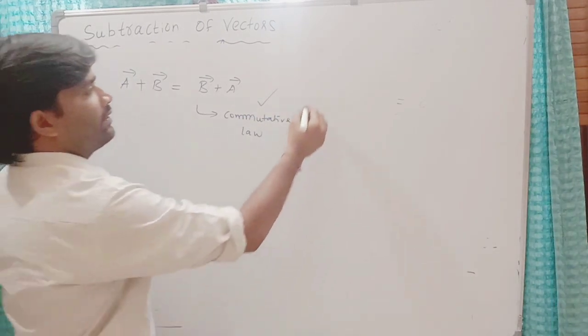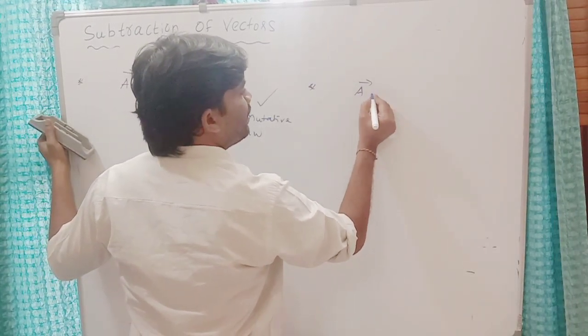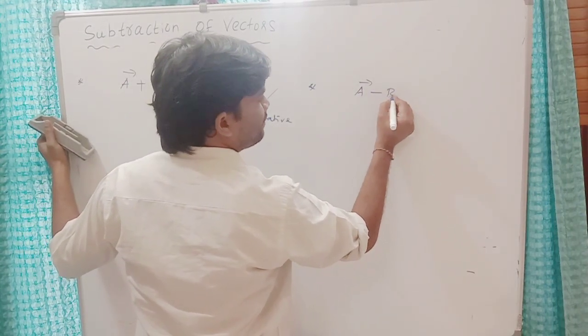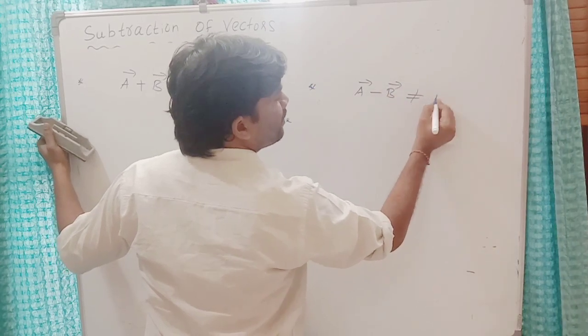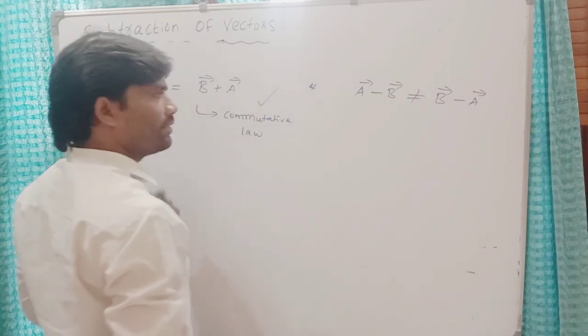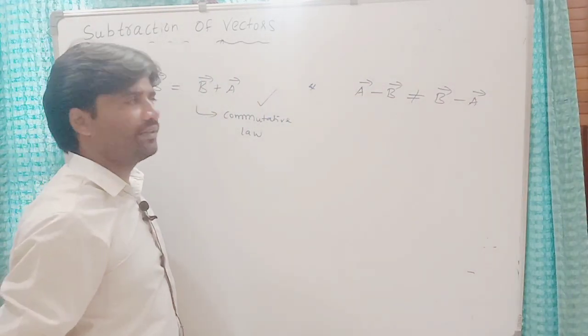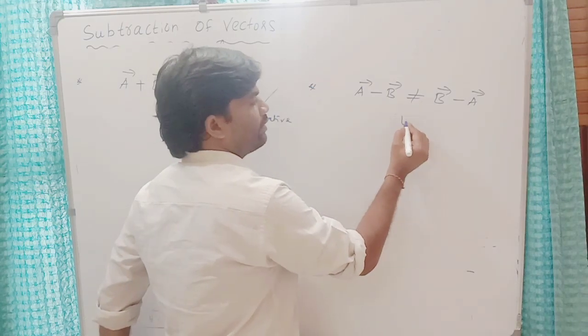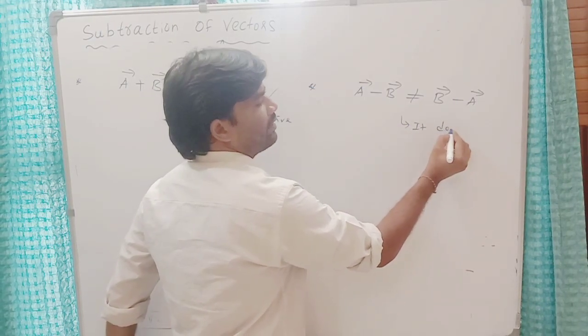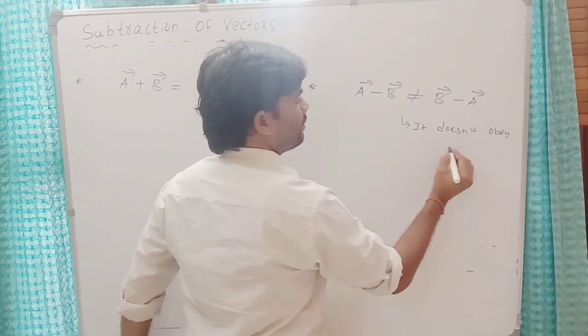But whereas in vector subtraction, a bar minus b bar is not equal to b bar minus a bar. So the difference is not the same when you change the order. So it doesn't obey the commutative law.